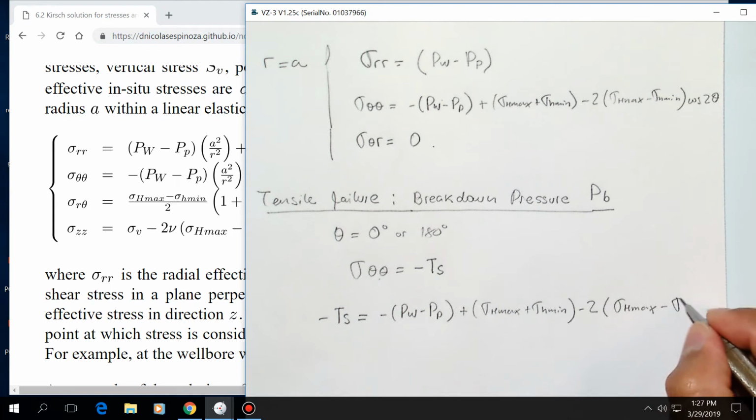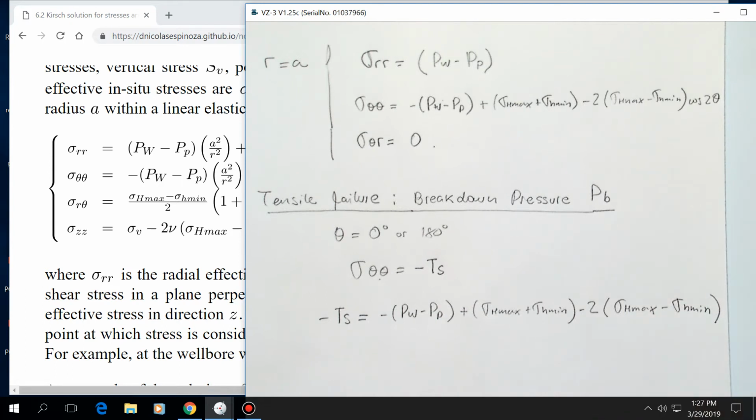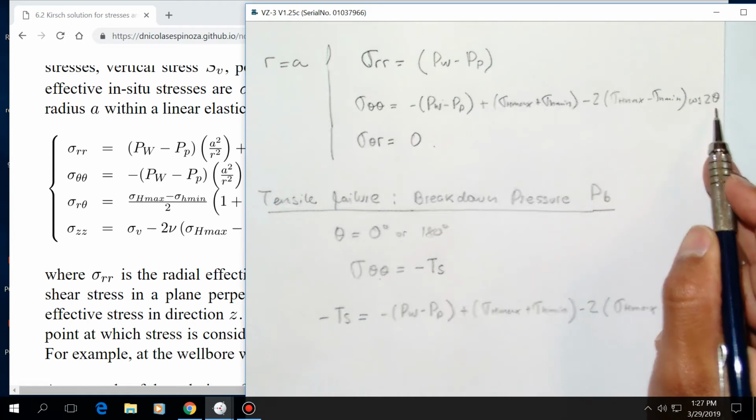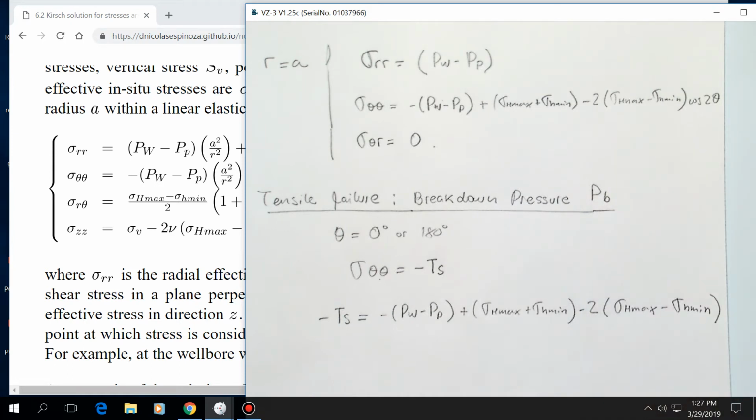Cosine of 0 is 1, right? And notice that if this is 180 times 2, it will be 360, so it's going to be 1, so this is going to remain the same.